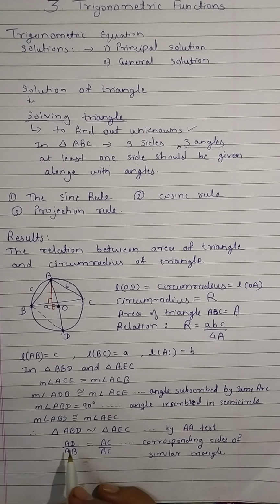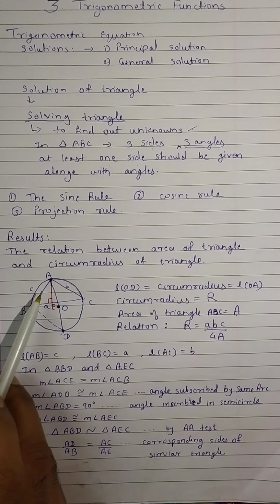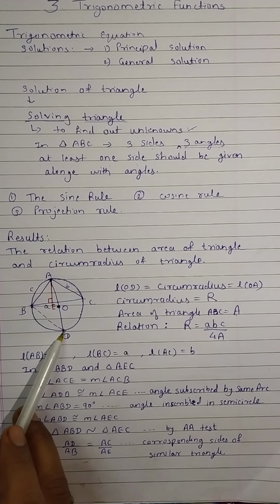Okay. Now if you see, AD is the diameter, okay, and OD is the radius.